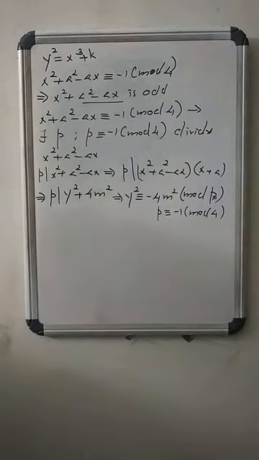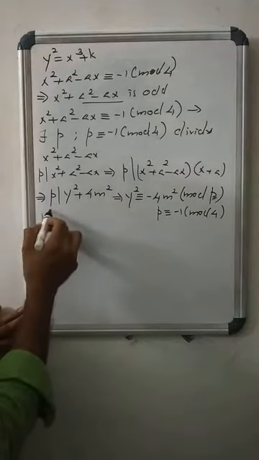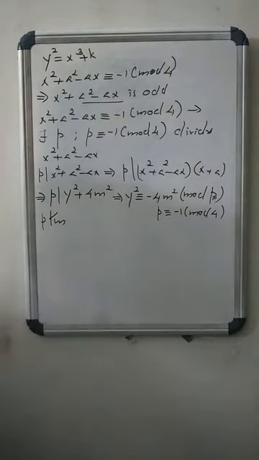But it is given, according to the hypothesis, that there is no prime p congruent to minus 1 mod 4 which divides m. That's our hypothesis. Thus p does not divide m. Okay, that is by hypothesis. P does not divide m.